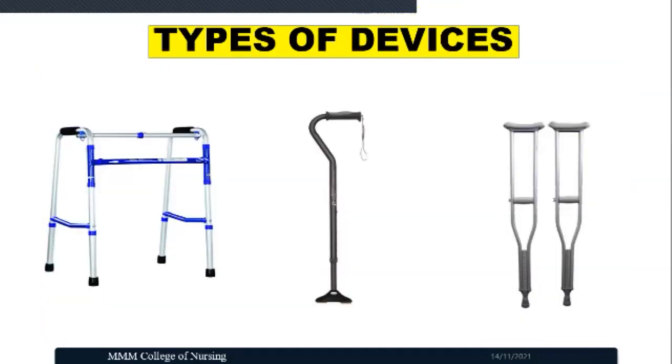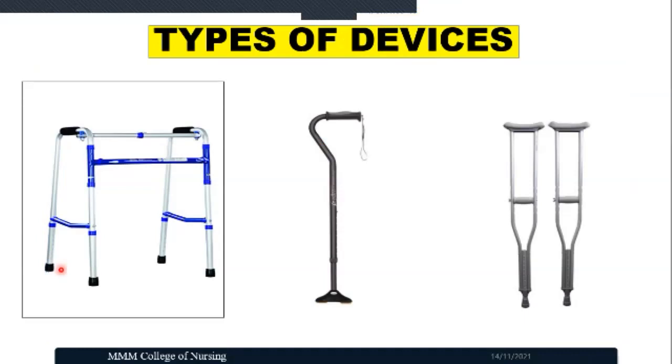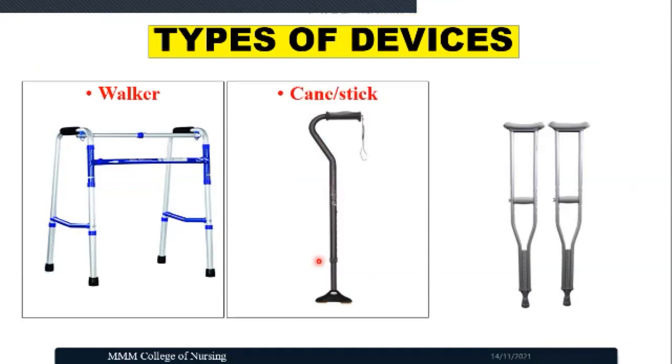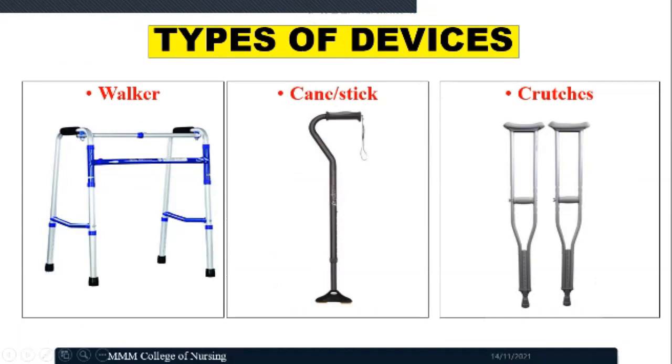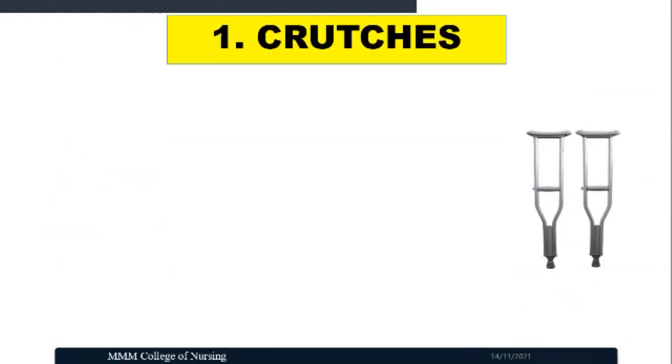And we'll discuss the different types of devices. Commonly, there are three major ambulatory devices used in the clinical field: the first one is the walker, next is the cane or stick, and next is the crutches. These are the commonly used ambulatory devices in the clinical field.